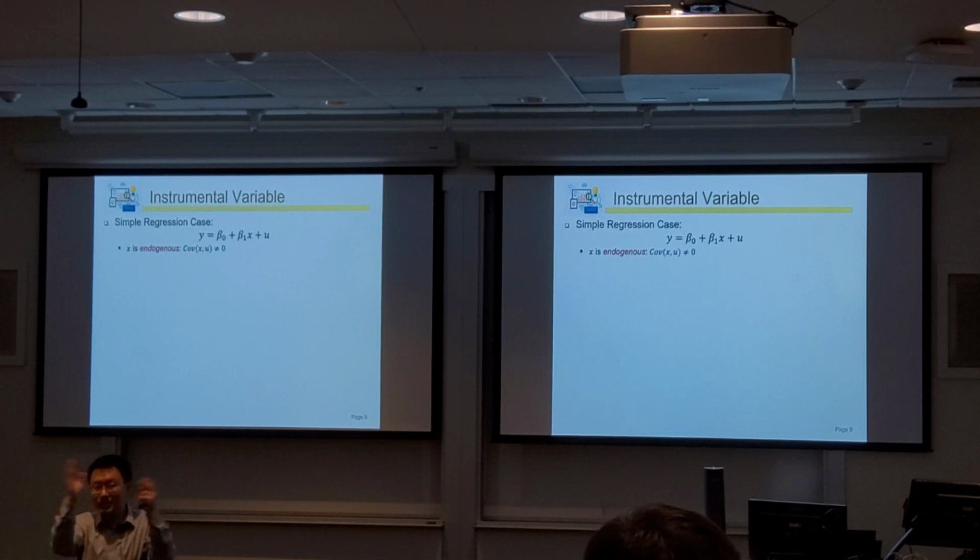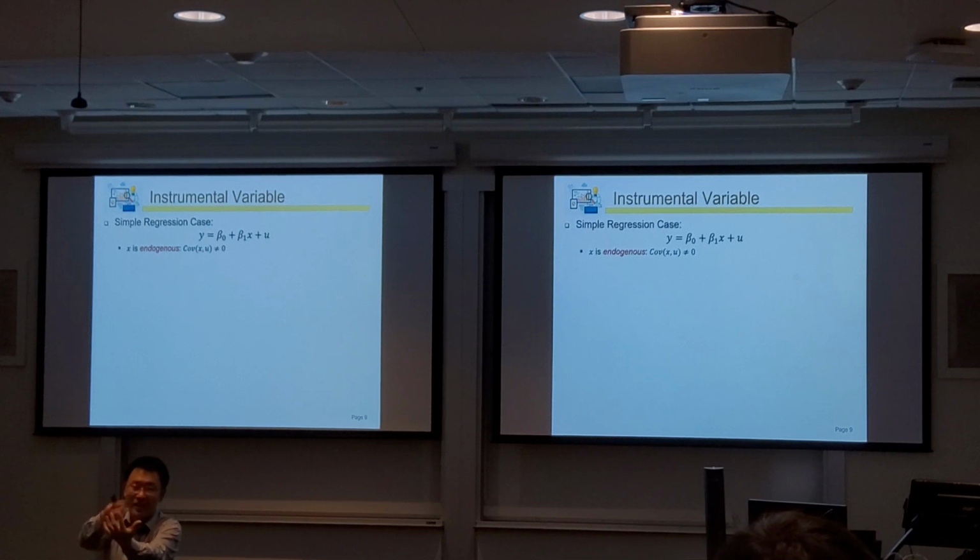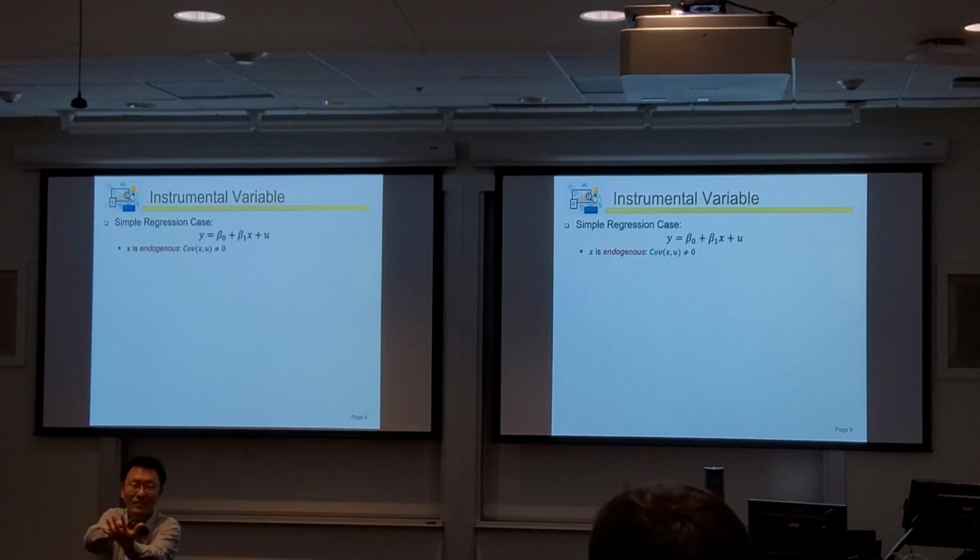It's like a randomized trial. Then we use that variable to extract the total exogenous randomness from this endogenous variable, to purge the endogeneity from this endogenous X variable.